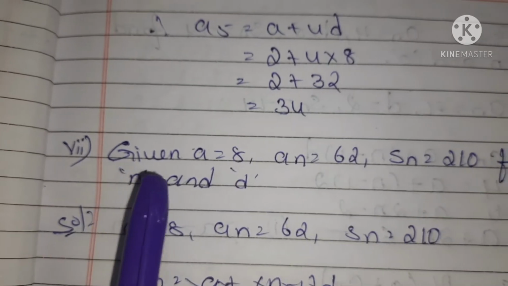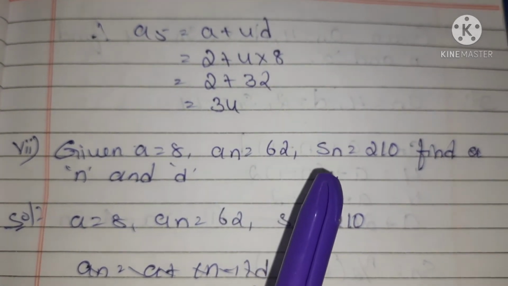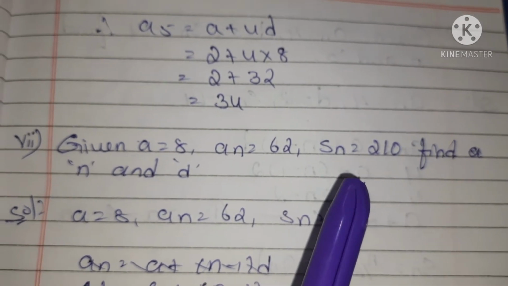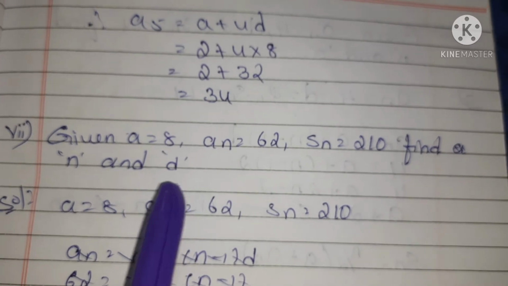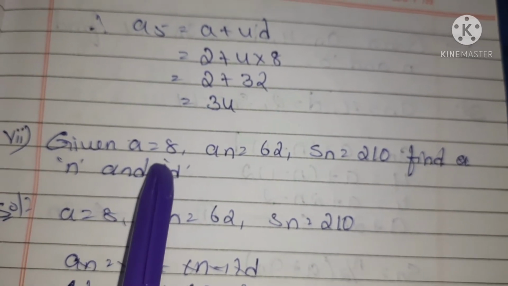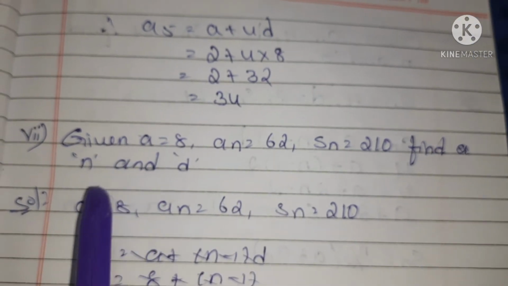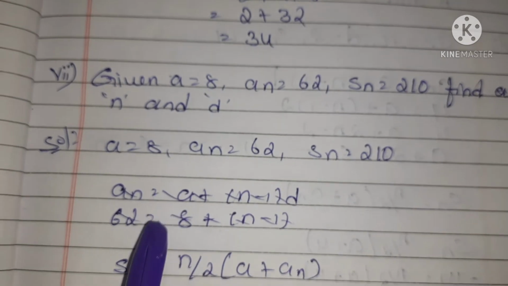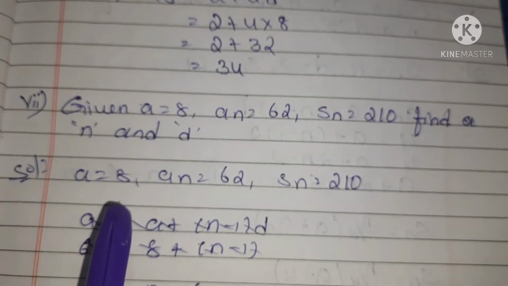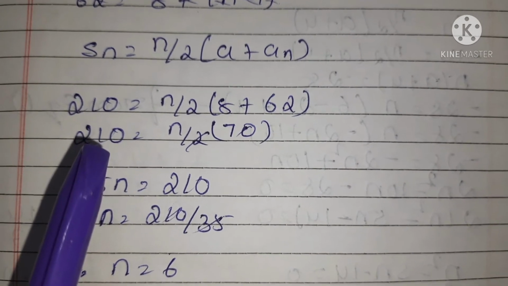Seventh problem. Given a is equal to 8, an is equal to 62, Sn is equal to 210. Find n and d value. Here they gave a value, an value and Sn value. Now we should find out n and d value. See here, they gave Sn value.